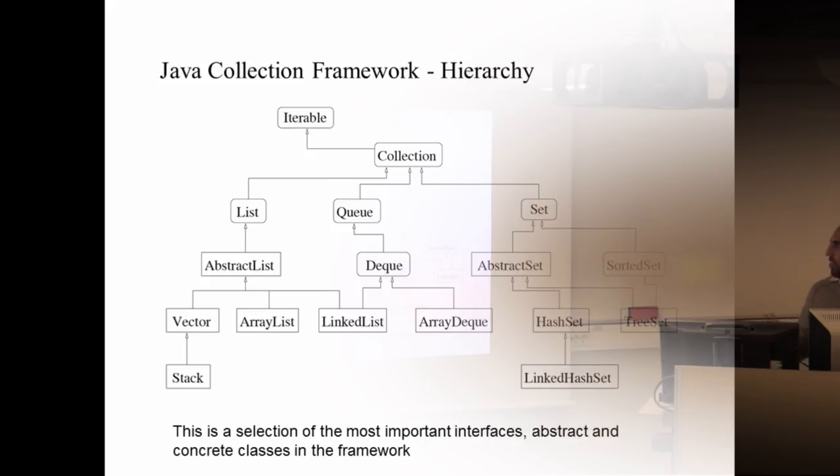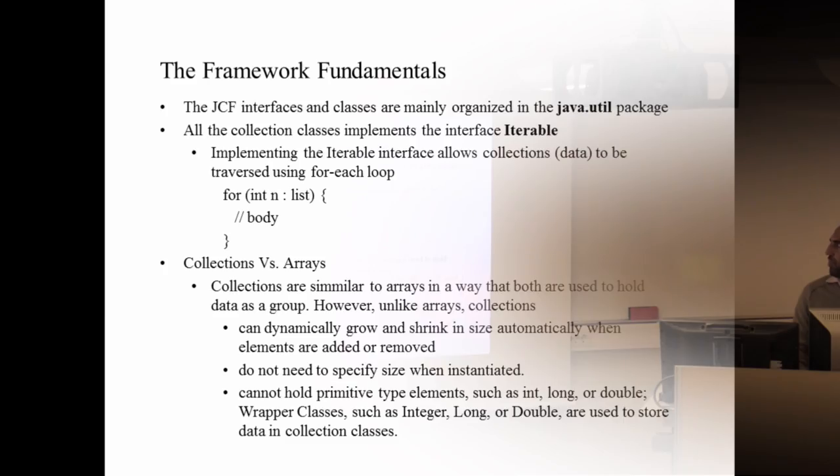Okay, but this is just a snapshot. This is not the complete list of all the classes and interfaces. It is more like a selection of important and useful interfaces and classes in this framework. These classes are mainly in the package java.util.